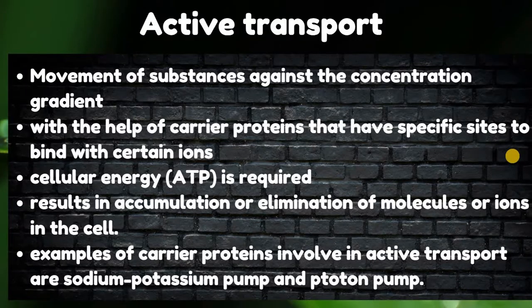Next we have to learn about active transport. Active transport is opposite to passive transport. Make sure you set in your mind that passive transport is from higher concentration area to lower concentration area, or down the concentration gradient.